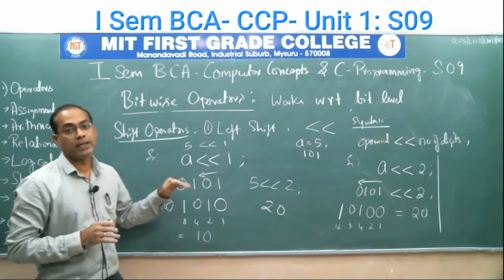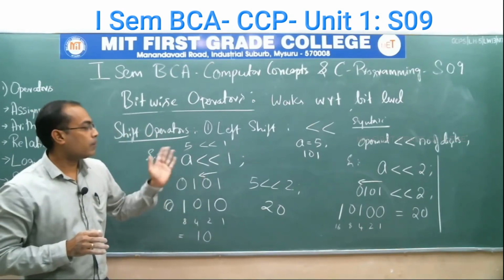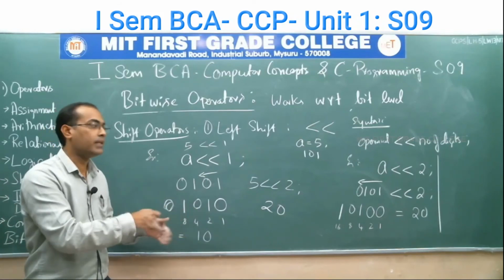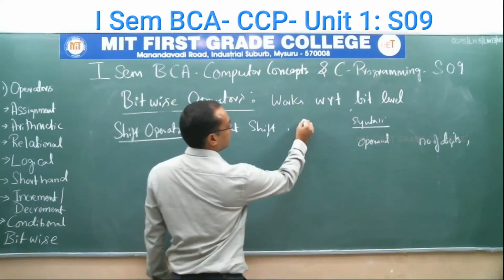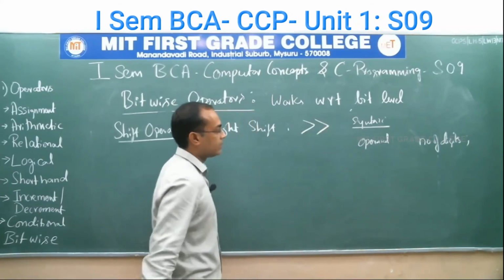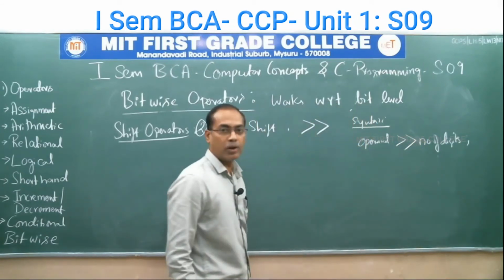Now we'll see the right shift operator, which is exactly the same as this, but we are shifting the bits on the right hand side. The symbol used for right shift is double greater than. So the syntax is operand, double greater than, number of digits.